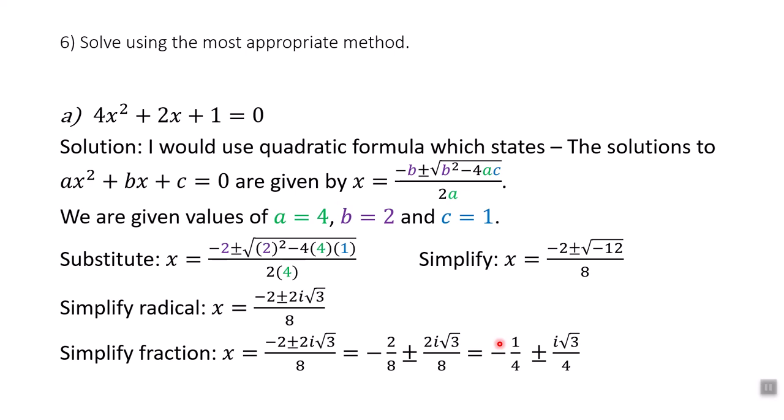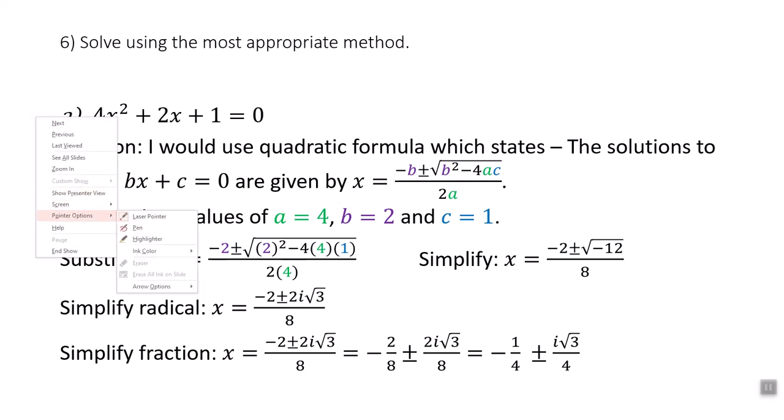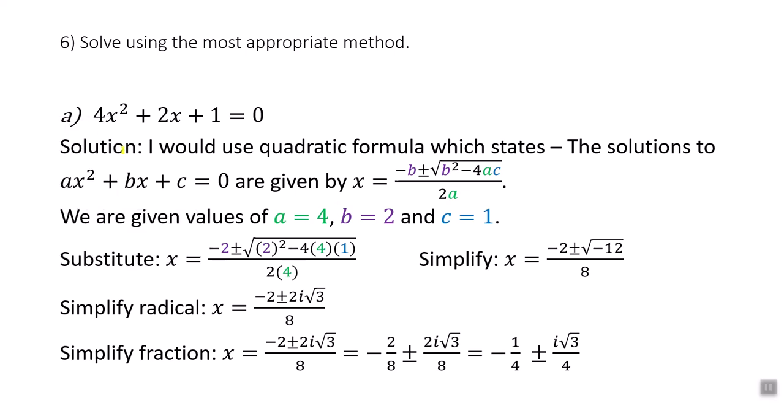And the quadratic formula states the solutions to ax squared plus bx plus c equals 0 are given by our formula. x equals negative b plus or minus the square root of b squared minus 4ac all over 2a. So I chose to put the b values in purple, a values in green, and c values in blue. When we look at our equation here, let me get a highlighter.